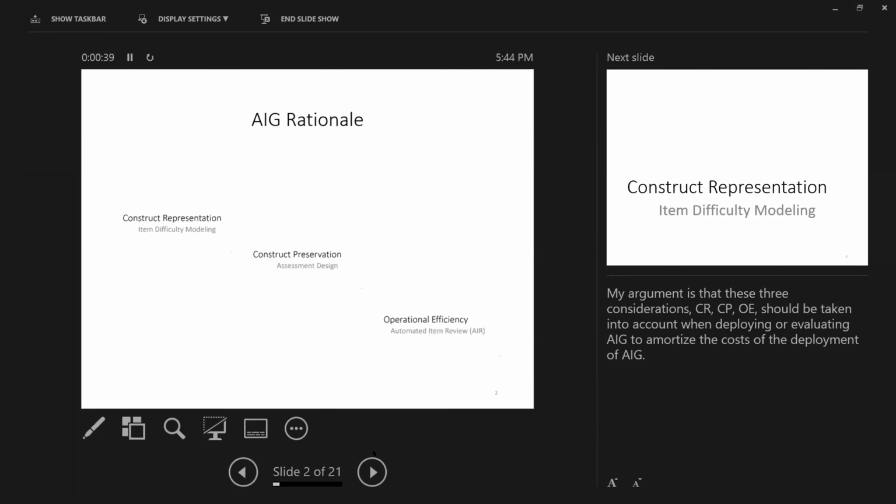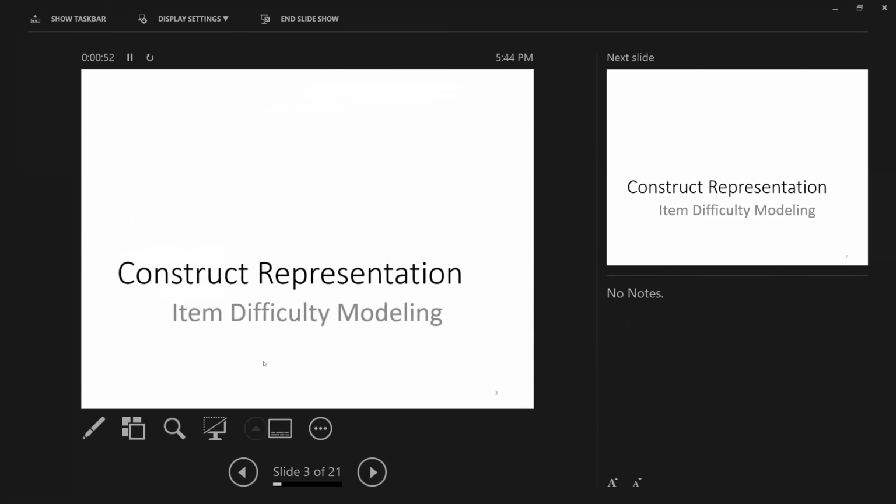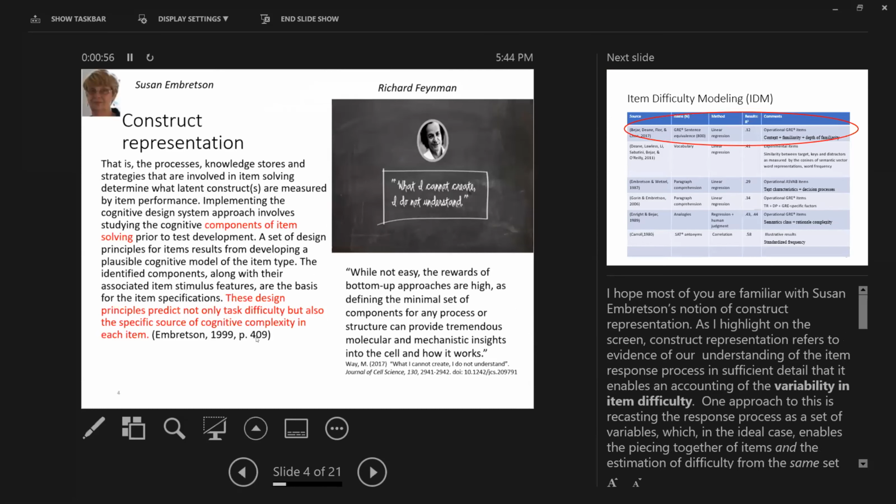Construct preservation, something I haven't heard too many people talk about. And then operational efficiency, which was mentioned by some of the previous presenters. So I'm just going to read one slide of the construct representation idea because, again, we don't have enough time.